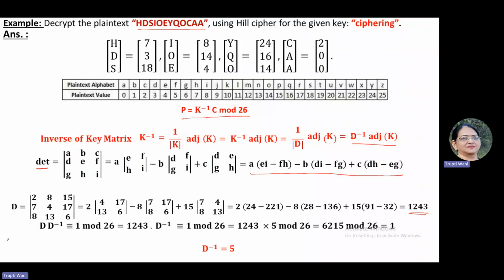So use 1243 into 5 mod 26 as 6215, and its value is 1. So the inverse of 1243 is 5. So the value of D inverse is 5.